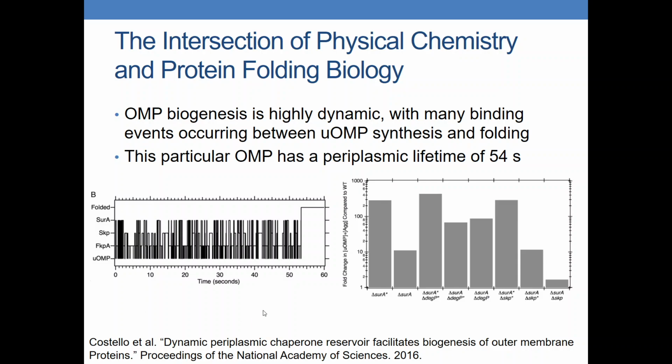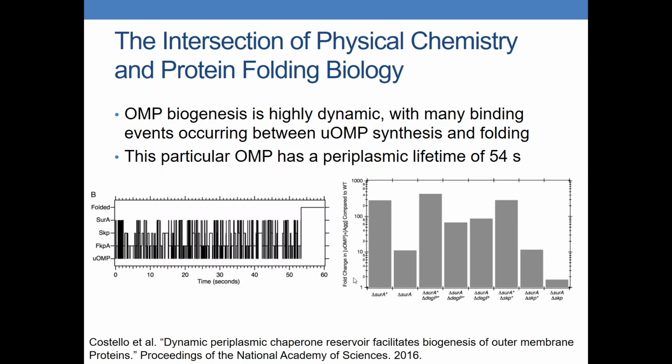So this would be the wild type simulation. And if you knock out one of these genes, SurA, Skp, or FkpA, what you can see is how the concentration of unfolded outer membrane protein changes compared to the wild type simulation.